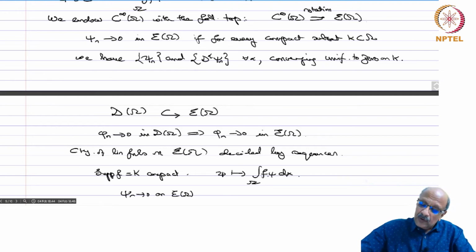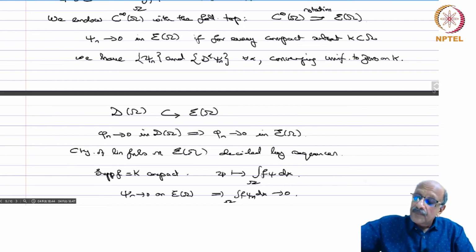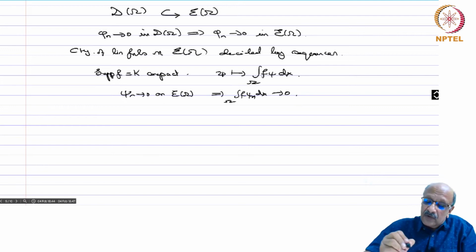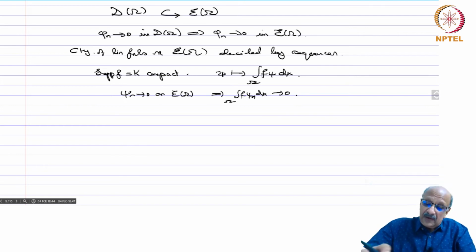then automatically all these go to 0 uniformly on any compact set, in particular on the support of f, which is K, and f is integrable, and therefore the integral of f psi n on omega dx also goes to 0. Because all of them converge to 0 uniformly on the compact set, you have this immediately.